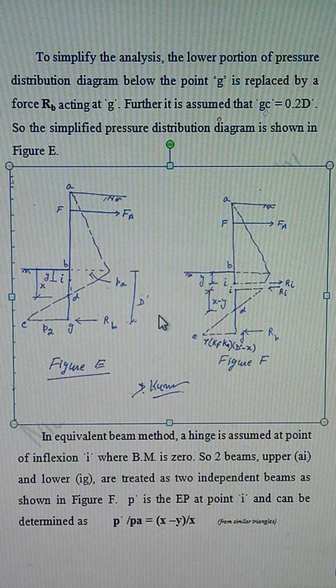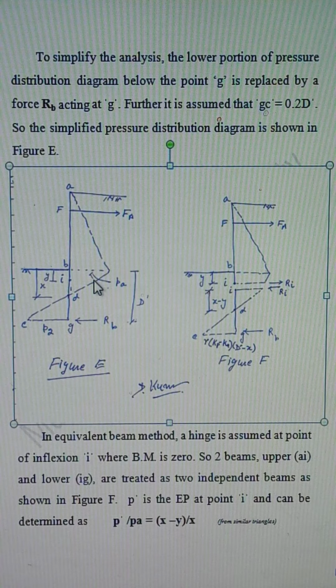After simplification, the pressure distribution diagram is shown in figure E, where the lower portion is replaced by reaction RB. PA is the active earth pressure at dredge level, and P2 is the earth pressure at the bottom. F is the location of the anchor rod.